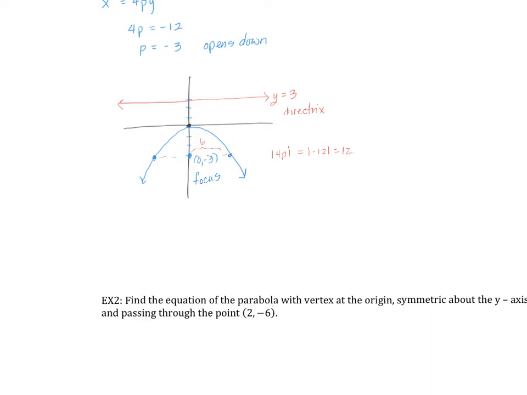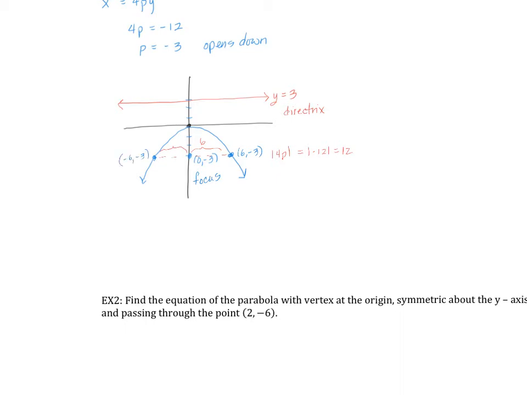So the distance here is along the x-axis. If I just simply take 6 and add it to my x-coordinate on my focus, then I get this point here, which is 6, -3. And this is a distance 6 as well. So if I take that 6 and I subtract it, because I'm going in the negative direction on the x-axis, from the point 0, -3, I get -6, -3.